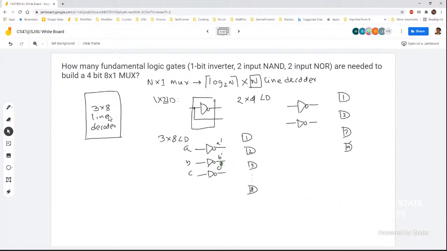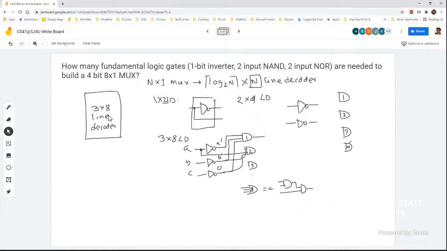Each of the AND gates is going to connect to 3 of these terms to make the minterm. Different combinations: A bar, B bar, C bar, others maybe A, B, C, or A, B bar, C bar, something like that. But at the end of the day, these AND gates are all 3 input AND gates, which means each is equivalent to 2 input AND gates, isn't it?